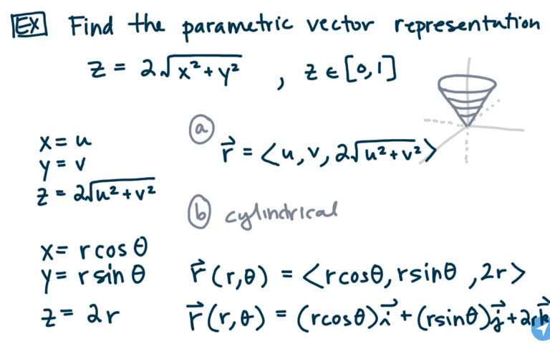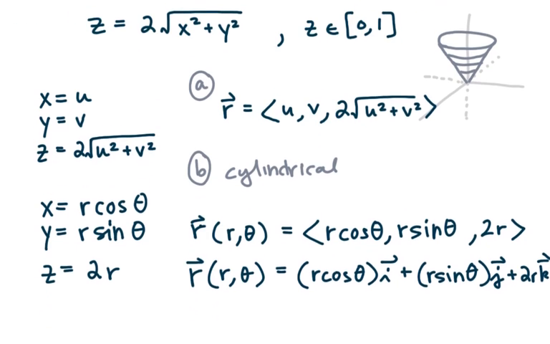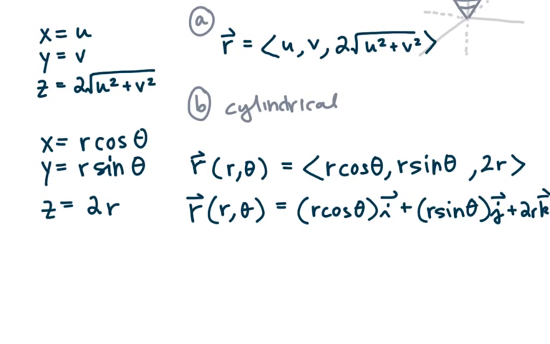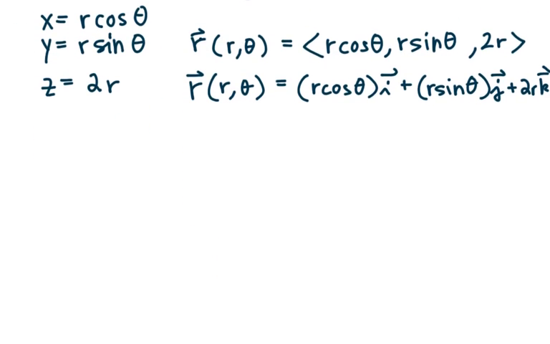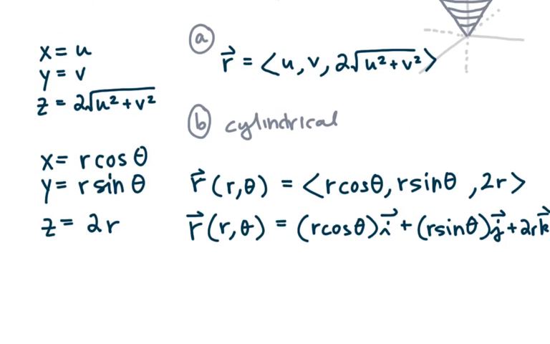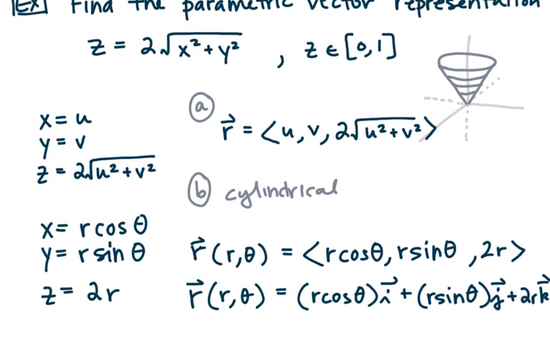Or we could write it this way, just using the notation from our text. And of course, if we wanted to think about that domain and range, well, what would my r values need to be between? So z goes between 0 and 1. Theta obviously goes between 0 and 2 pi, forming that full circle, so that's easy for us to think about.